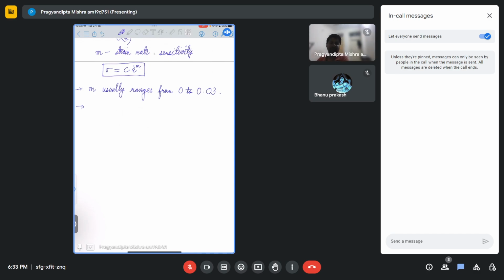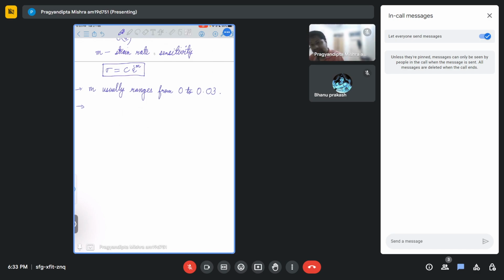Imagine you apply some value, let's say 10 or 100, as strain rate. Because it's to the power 0.03 or 0.01, the entire value reduces to such a small value that your flow stress would not change appreciably. So if you want an appreciable change in flow stress, you need to apply very high values of strain rate.